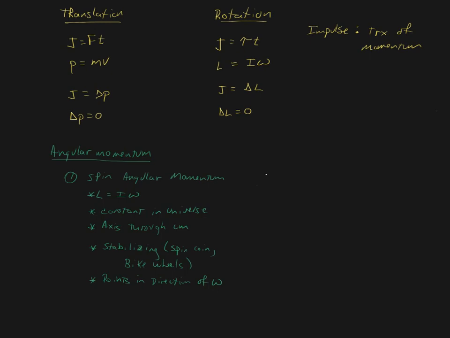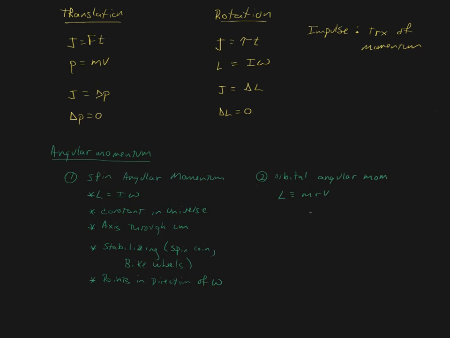Now, the second type of angular momentum that we can look at is orbital angular momentum. Orbital angular momentum is defined by MRV, and we're going to take a closer look at that a little bit later.